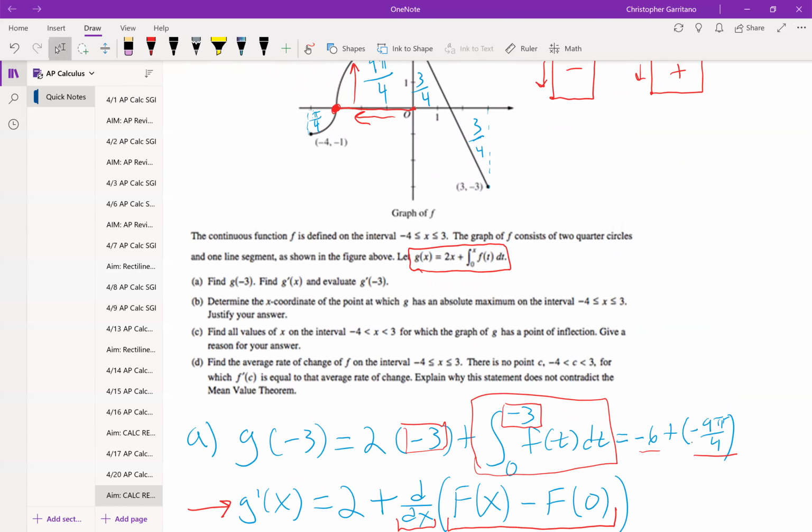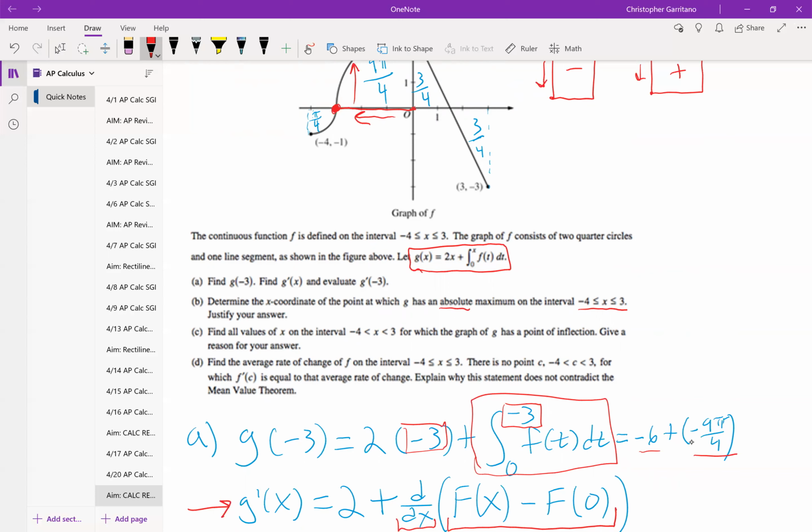Determine the x coordinate of the point at which g has an absolute maximum on the interval -4 to 3 inclusive, and justify your answer. So the justification is just going to be the work that I am about to show you, but I underline a couple of important things: the term absolute maximum, and also the fact that we have a closed interval. All right, folks, I've repeated this over and over again.